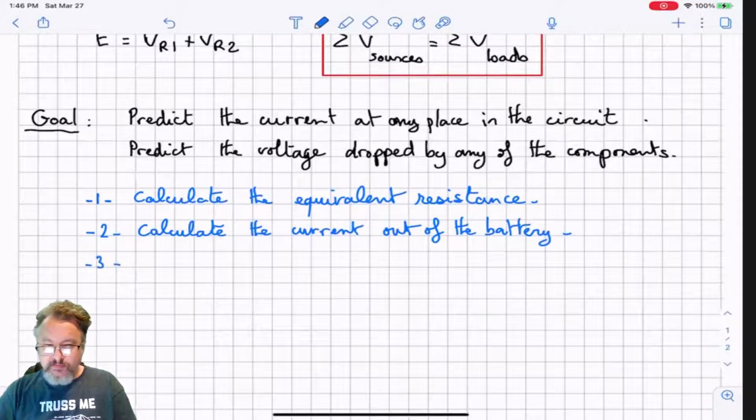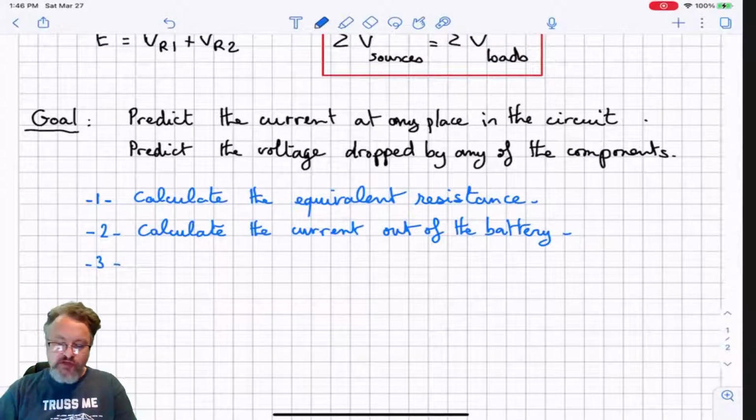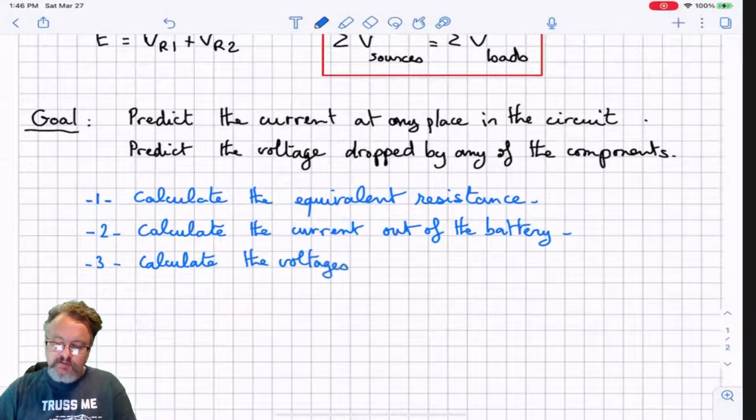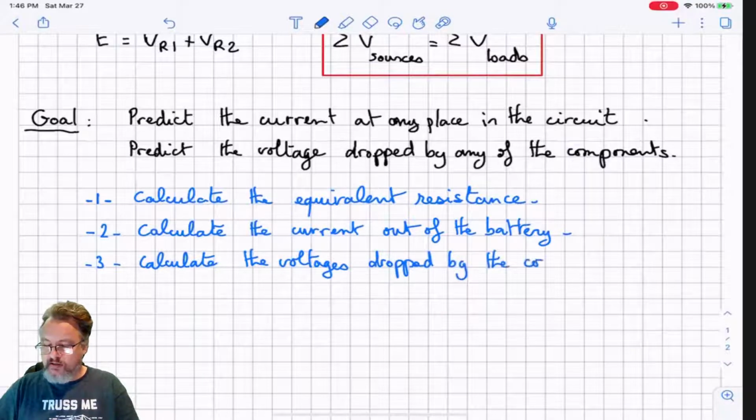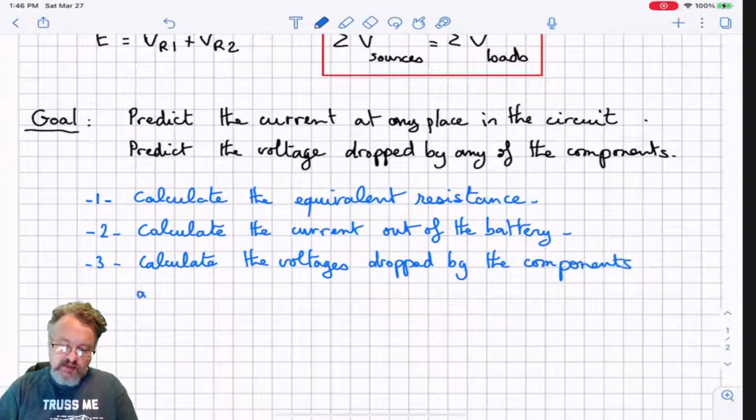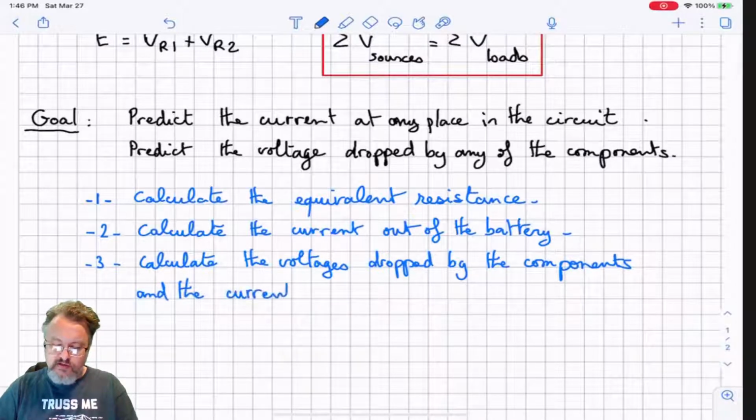Once you have this, you're going to be able to calculate the voltages dropped by the components. And I will show you how to do that, don't worry. By the components and the current through them, through the components.